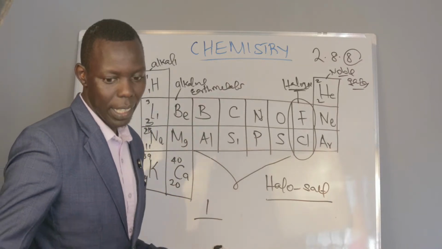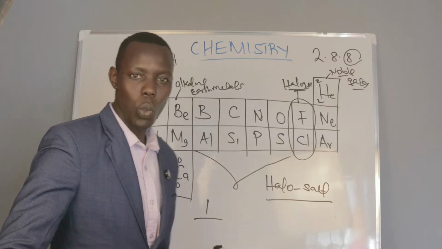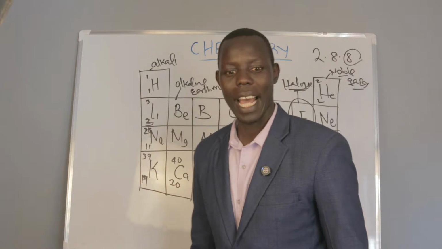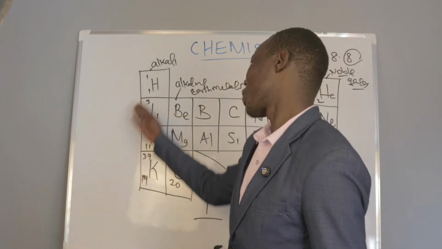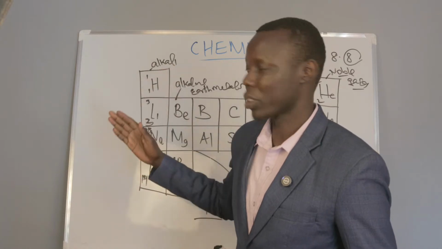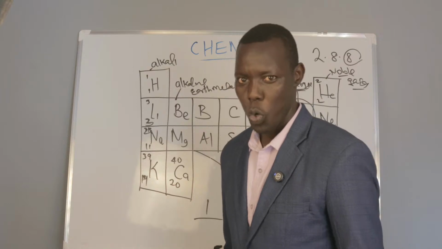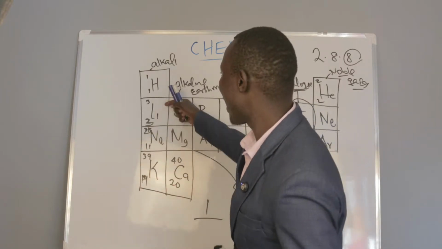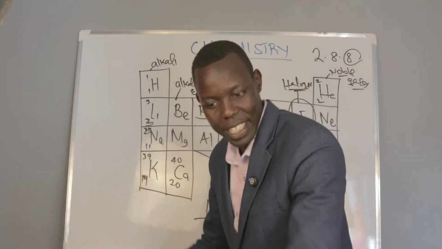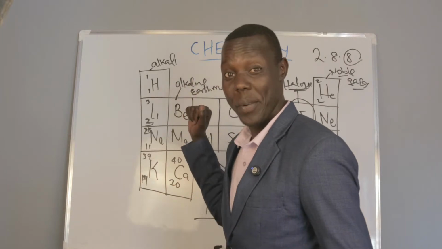But there is another thing I want you to grasp well. If you are told to state the members of alkali metals, do not include hydrogen. Is hydrogen a metal? No. So alkali metals start with lithium, sodium, potassium, going down to the others. But if they ask you group 1, you can include hydrogen.